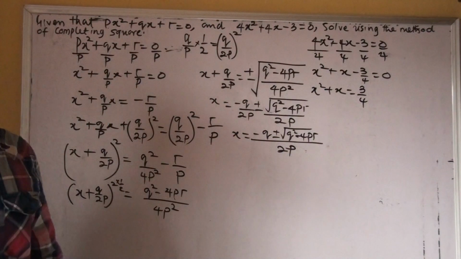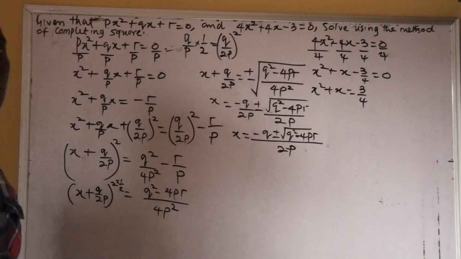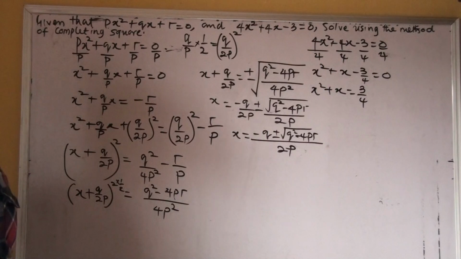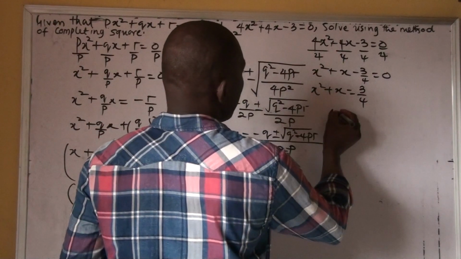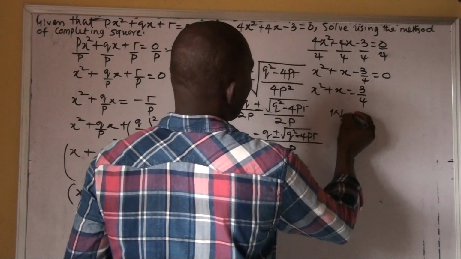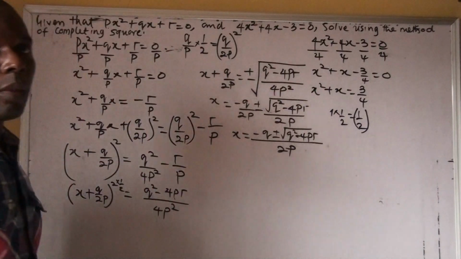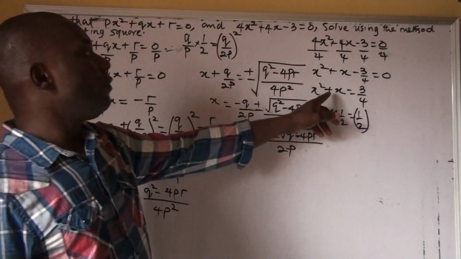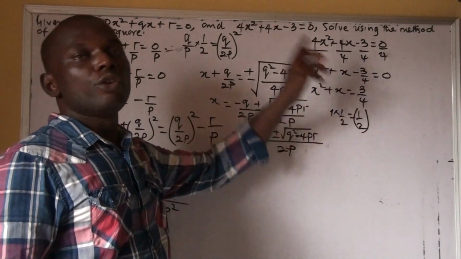Then let us look at the coefficient of x, which is 1. So we should look for half of it. The coefficient of x is 1, and half of it is 1 over 2. But we are going to square it. Once we obtain the coefficient of x, multiply it by half, then you square it.